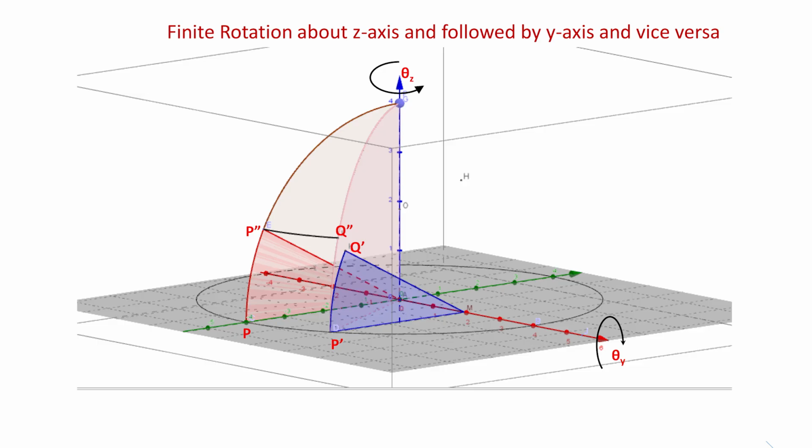So P goes to P prime here, and this is theta z, and this is theta y, and you will end up with a Q prime here, right?